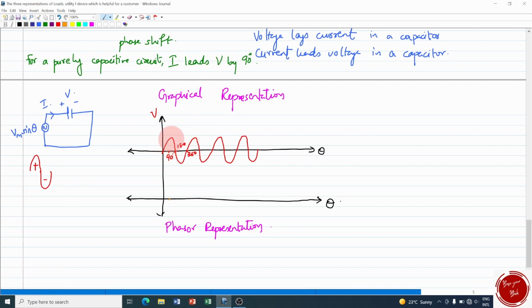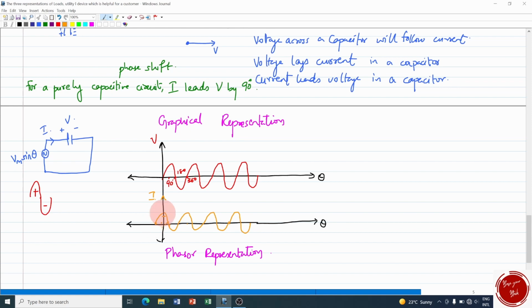Here the voltage has obtained its maximum value at the 90 degree position. But the current would have already obtained its maximum before this 90 degree phase shift. That is, at the 0th point itself, the current will have gained its maximum. So the current signal will be like this, and the maximum of current need not be the same height as the voltage.